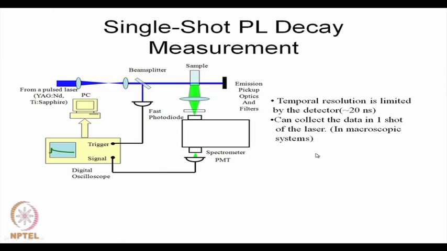Single shot photoluminescence measurement, whose temporal resolution is limited by the detector, which is of the order of say 20 nanoseconds, can collect the data in one shot of laser in macroscopic systems. Okay. Now here you have the photoluminescence decay measurement.